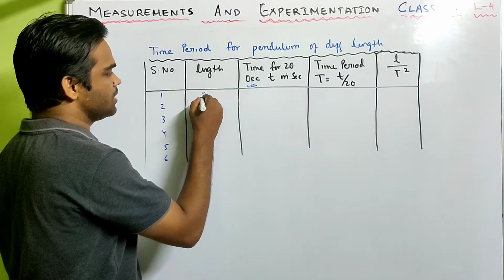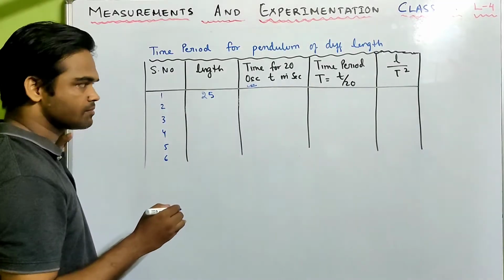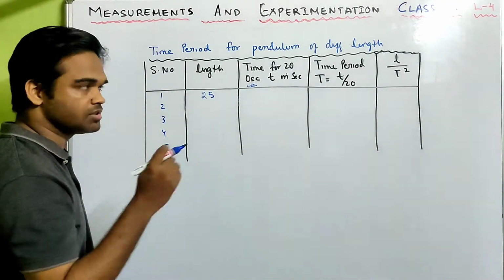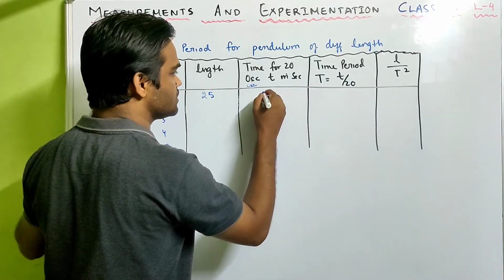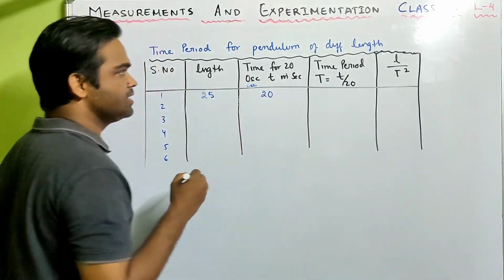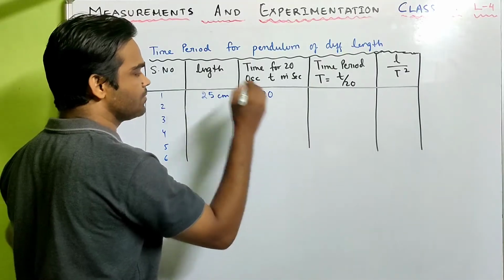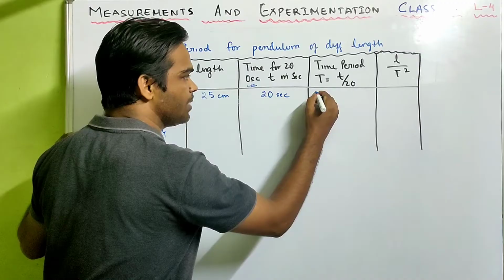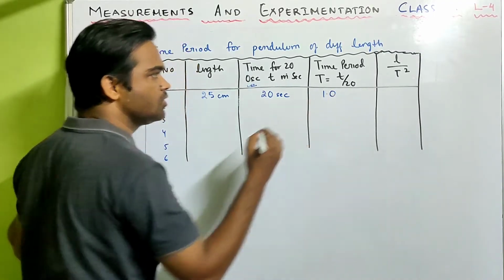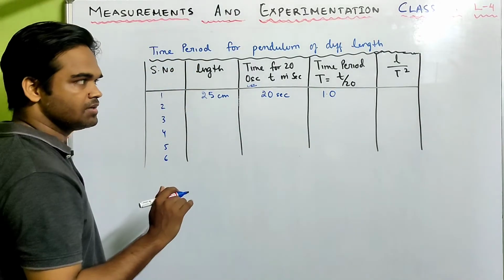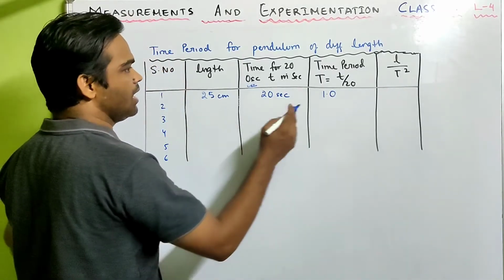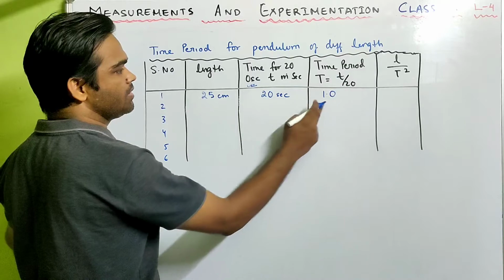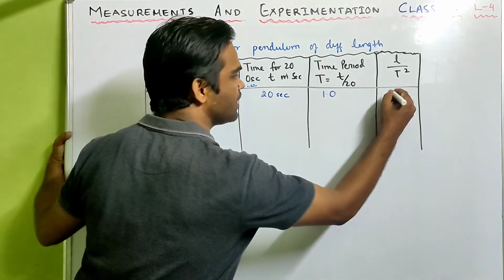Suppose we take the length as 25 centimeter, and we see that the time for 20 oscillations is, suppose, 20 second. So the time period will be 20 by 20, that's 1.0 second. And L by T square, 25 by 1 will be 25.